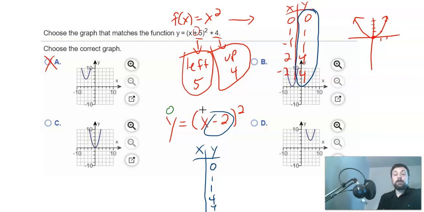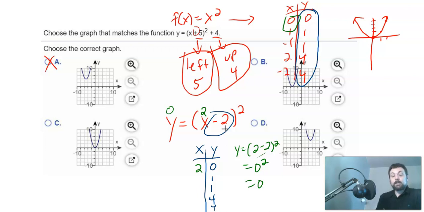Well, I would have to choose positive 2, right? So by choosing positive 2, we get 2 minus 2, which is 0 squared, which gives me 0. So I have to choose positive 2 in order to stay at 0 for the y coordinate. Originally, I chose 0 for x to stay at 0 for y.